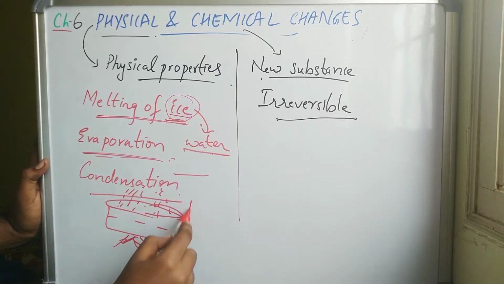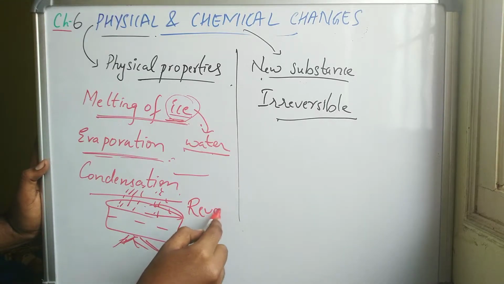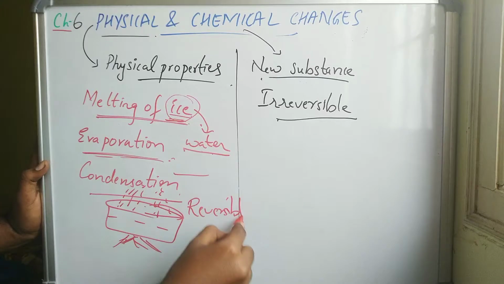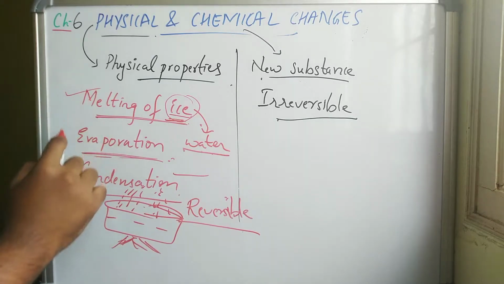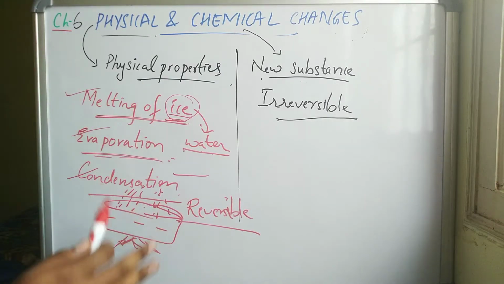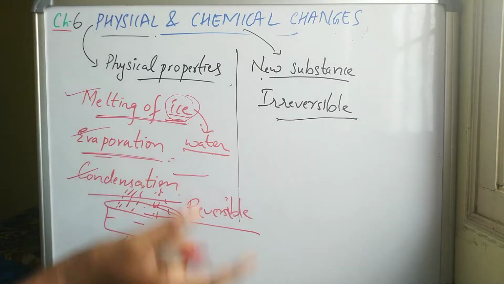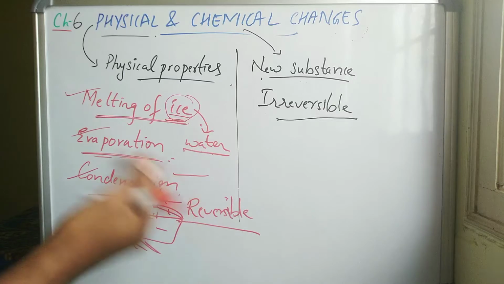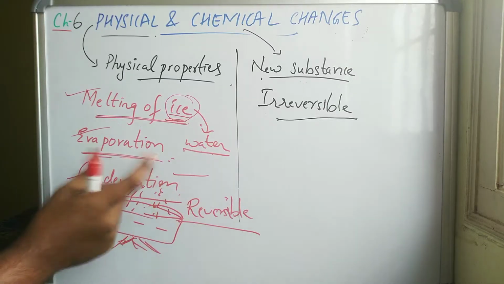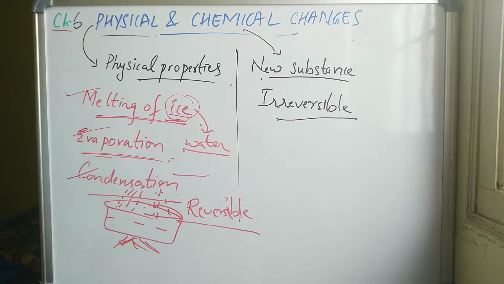So basically these are reversible. This you have to understand. I hope you understood about physical change. Basically physical properties are changing, from one state to another state. Water into water vapor is reversible. Water vapor to water, I can make the original substance.